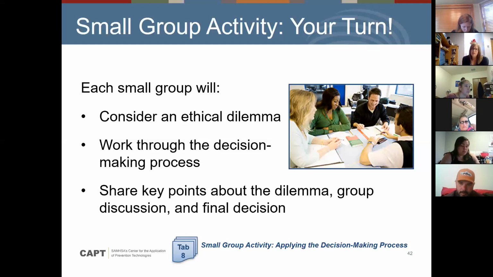Can you see how using this decision-making process could be helpful? And can you see how it's important to pull it back to the Prevention Code of Ethics, the 6 different principles that we talked about, because then you kind of have a basis for your decision-making process, right?